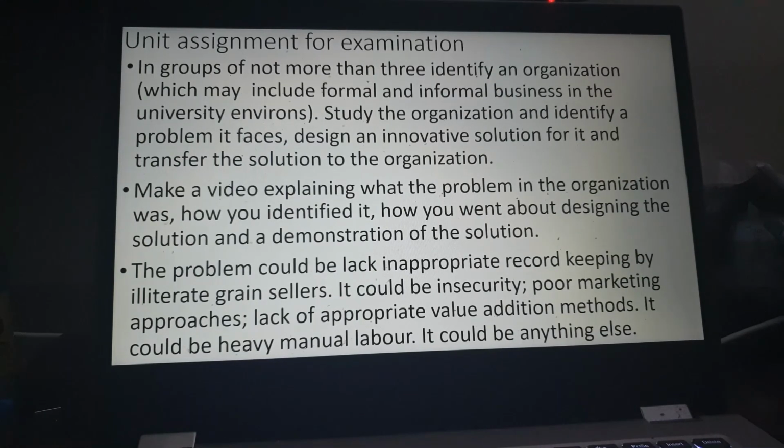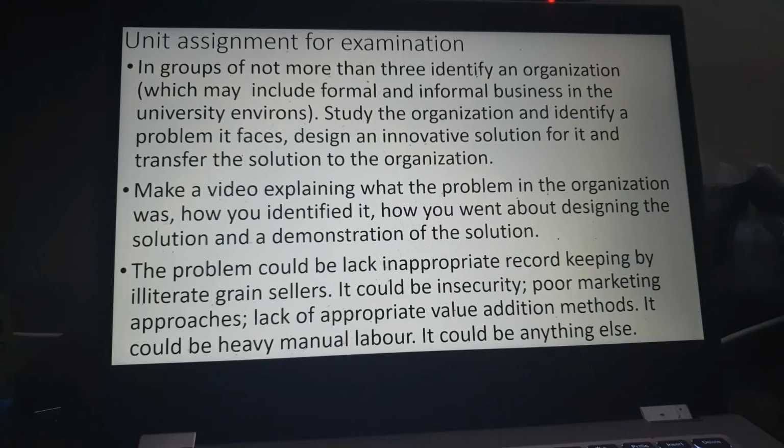And now for my students, this is the assignment for your examination. In groups of not more than 3, identify an organization, which may include formal or informal businesses in the university environs: the Jua Kali, the Mama Mboga, businesses, churches, organizations. Then study the organization and identify a problem that it faces.